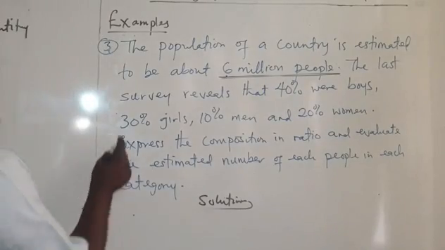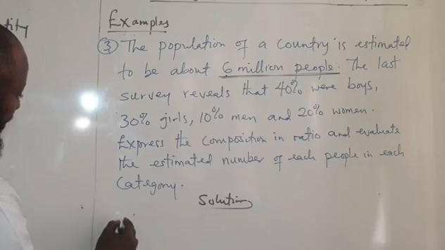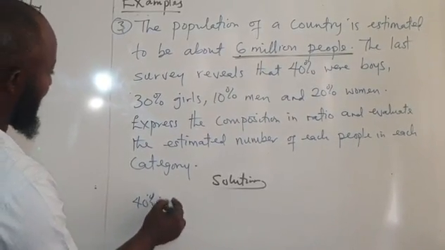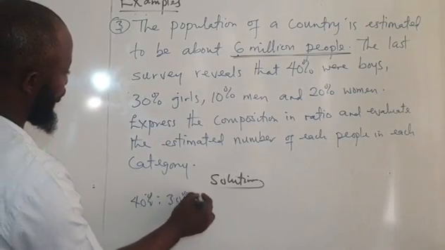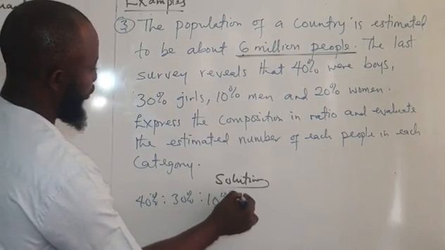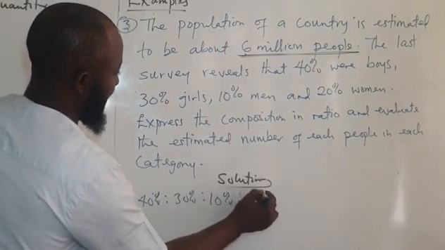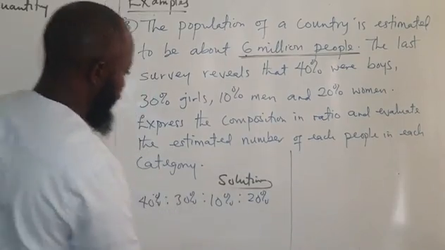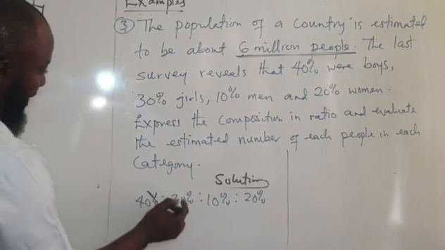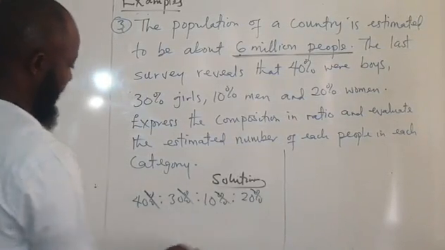So what we're going to do now? We're going to have 40% to 30% to 10% to 20%. The percentage will be cancelled. This cancels, this cancels, this cancels, this cancels.